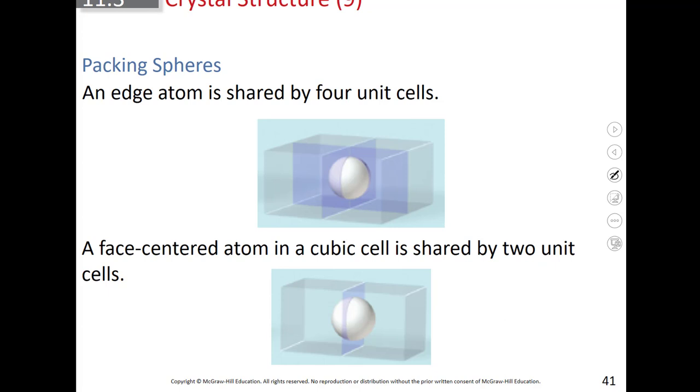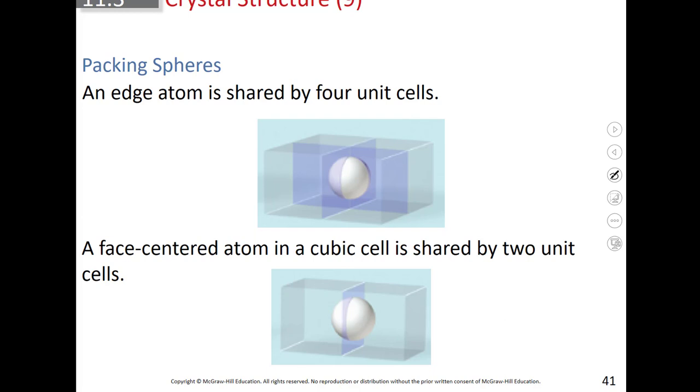For the other positions, let's start with the edge atom. Edge atoms are shared between 4 unit cells, so each of their masses are going to only have 1/4 of the mass inside. Edge atoms we don't really deal with in either simple cubic, body-centered, or face-centered, but we do have face-centered ones. In the face-centered cubic, we've got those atoms that are embedded on the face of each cube, and each of them is going to be divided between 2 different cells.